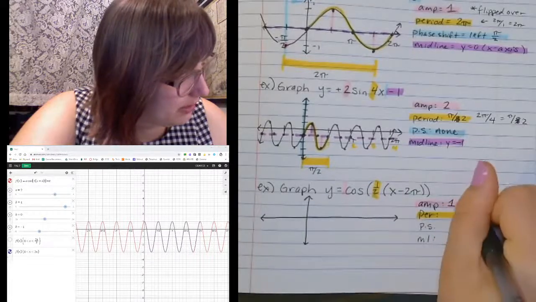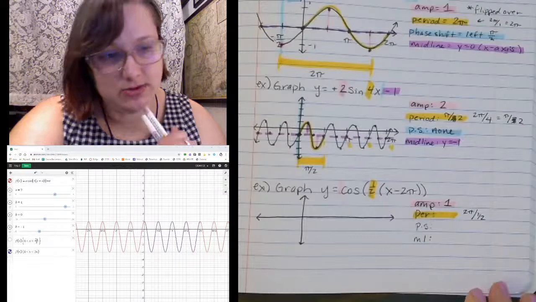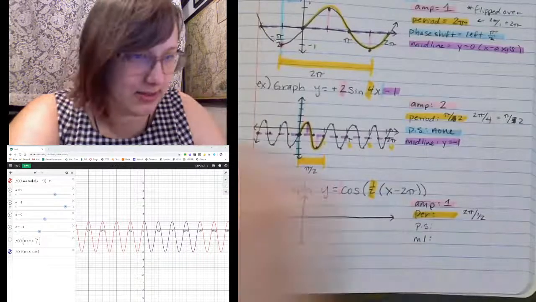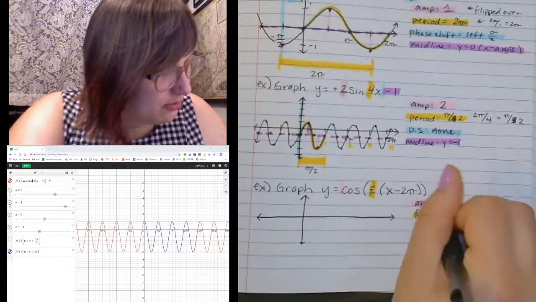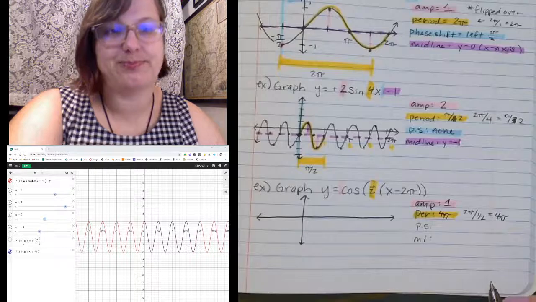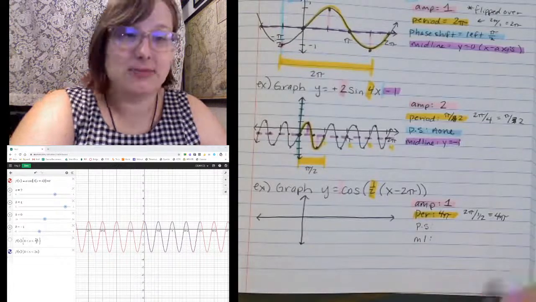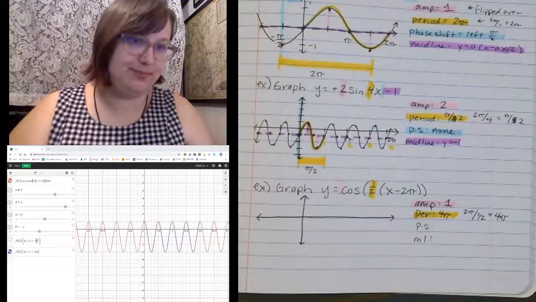But I go 2 pi over a half to figure that out, and 2 pi over half is really gross. So I'm just going to flip that fraction over and it actually becomes 4 pi. And if you don't know that, you can ask a calculator and it'll tell you that's 4 pi. Which makes sense, because at 2 pi, there would be double that to make the whole cycle.